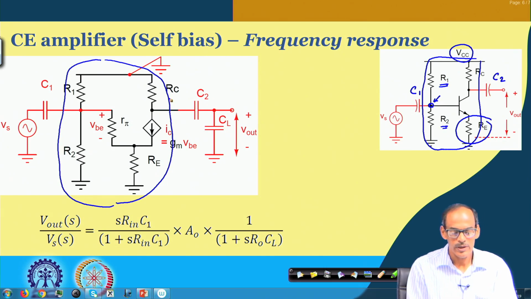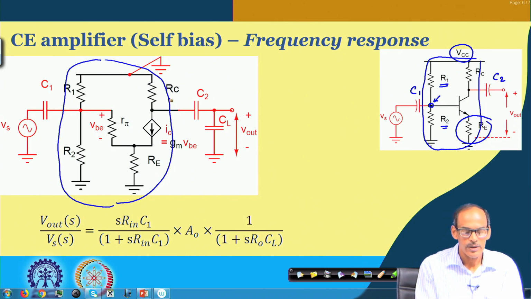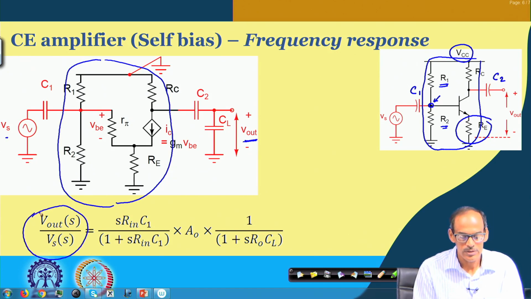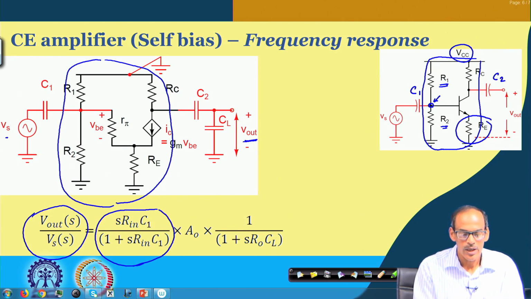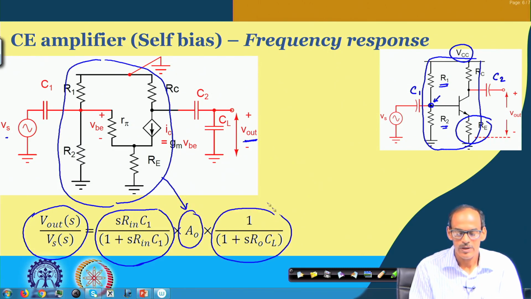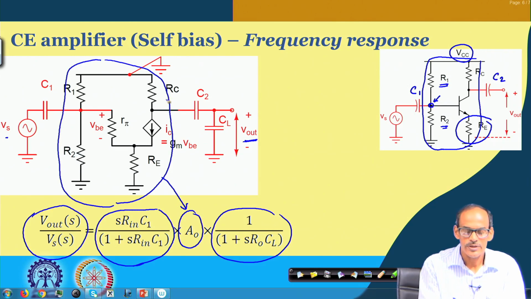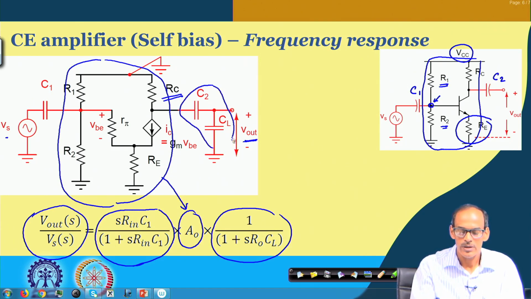If you recall, the overall frequency response V out by V in in the Laplace domain has basically three parts. One is the C1 and the input resistance of the amplifier, that CR part, then the amplifier part, and then the RC part coming from the output resistance, which is RC, and these two capacitors come in series.